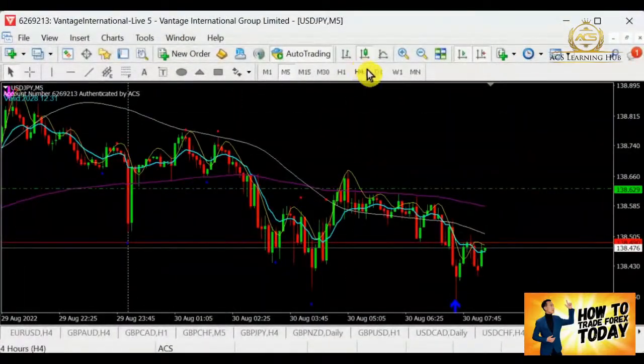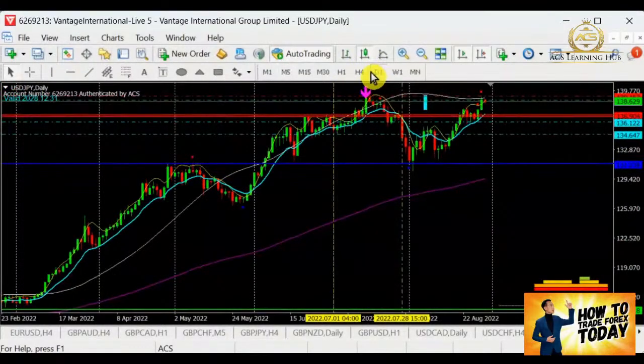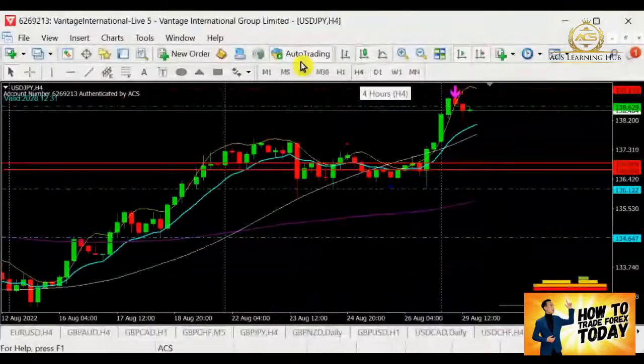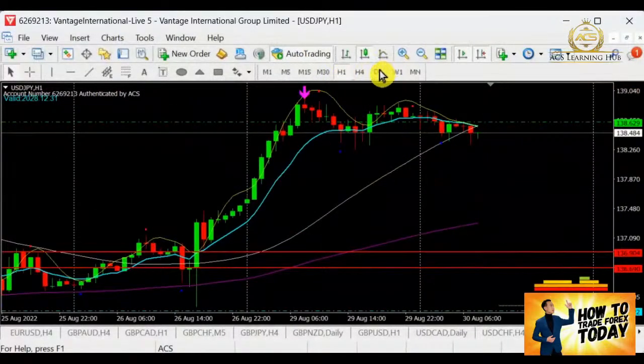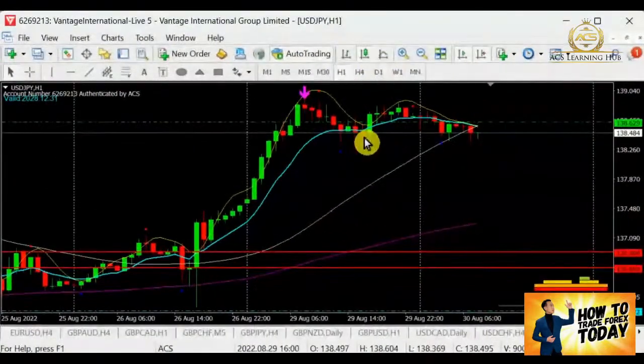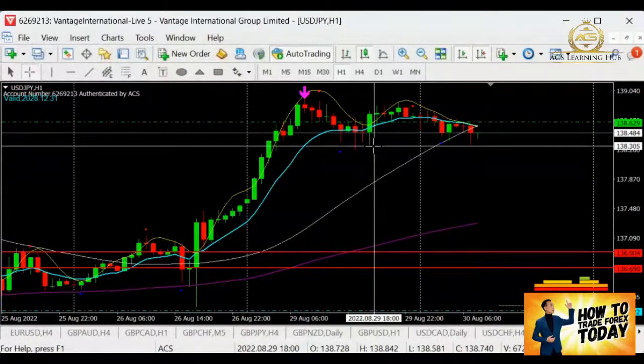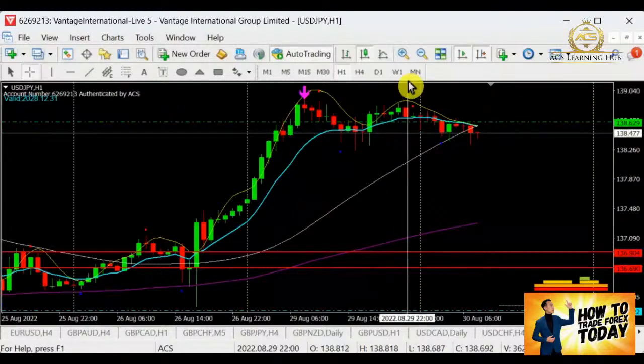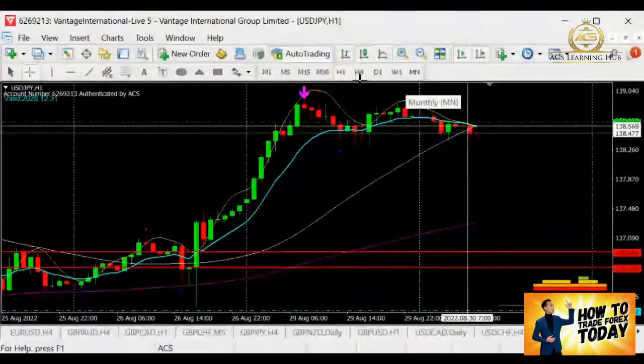Well, dollar yen, all right. So we are still in the bull. Yesterday, as we were talking about, it will hover around here. Once it touches this 138.30 or 31, yesterday we were talking about it, right? So it will start to go up. So it's actually hovering around this area.